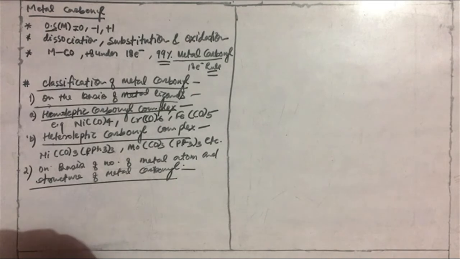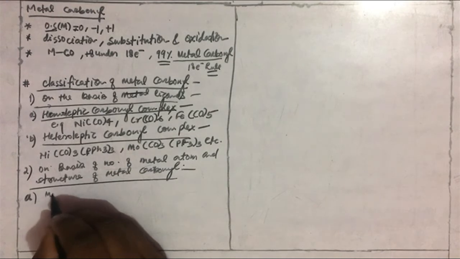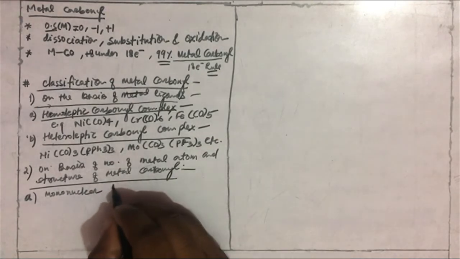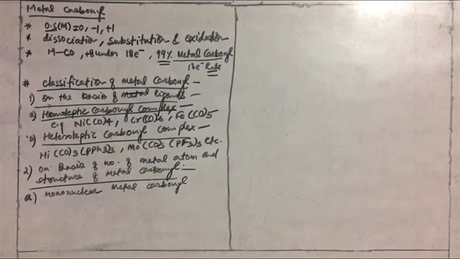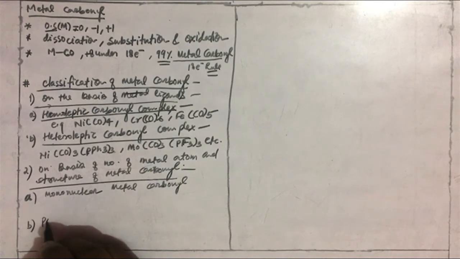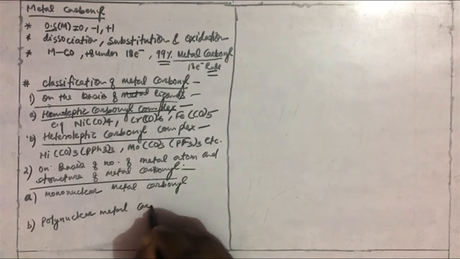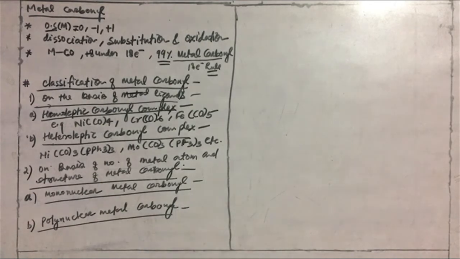Inside this they have also divided into two parts: first, mononuclear metal carbonyl, and second, polynuclear metal carbonyl.